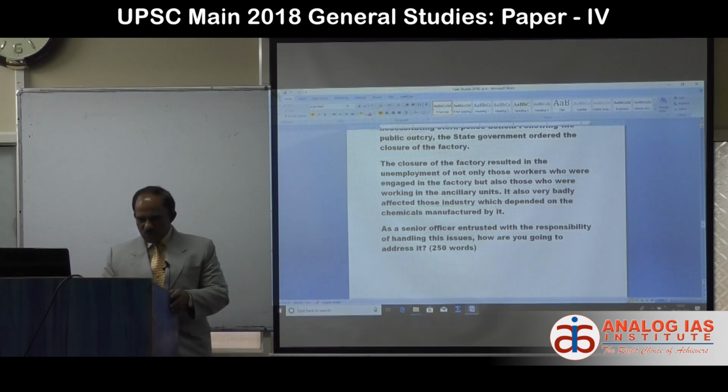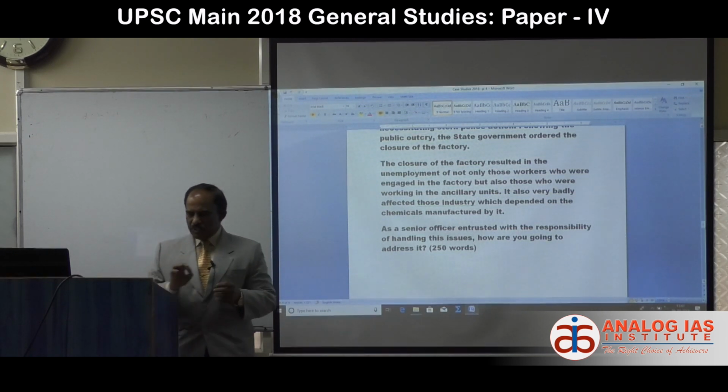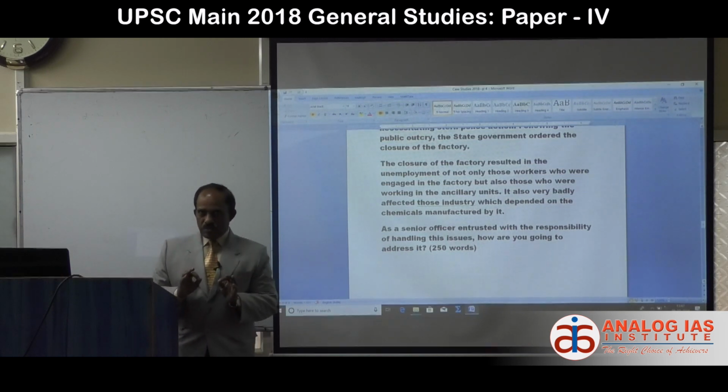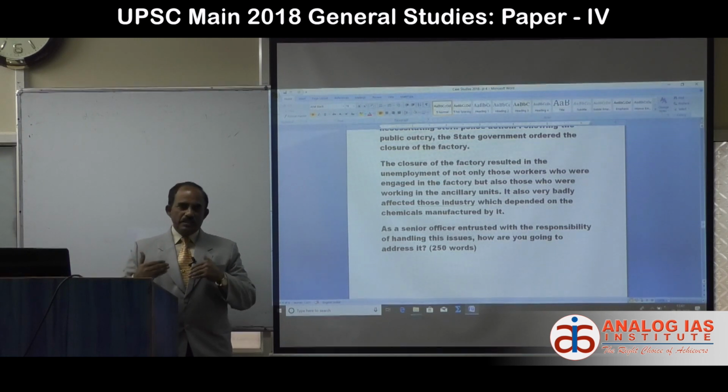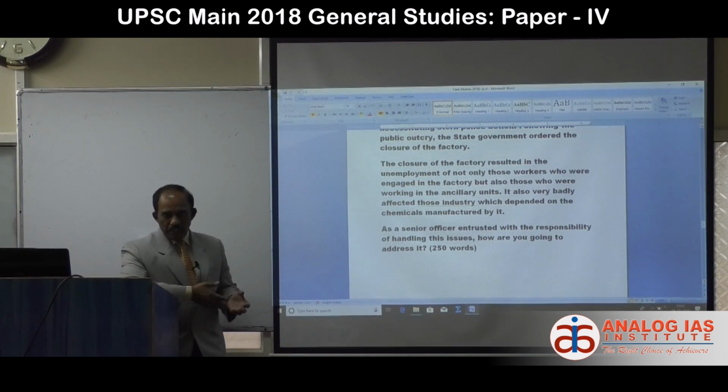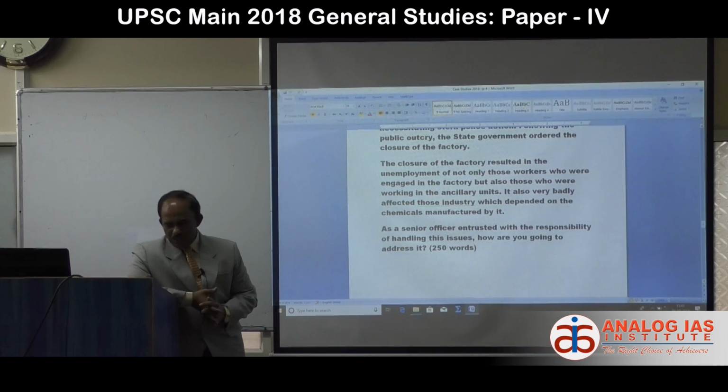The case study relates to an ethical dilemma between development versus environment. So it is a dilemma for the administration because we need development and at the same time we have to take care of the environment.